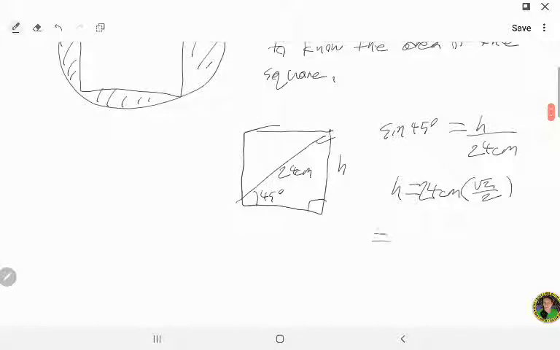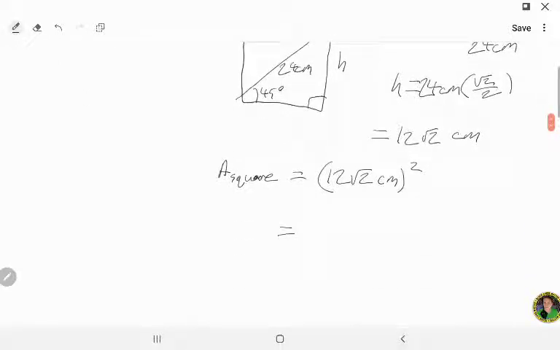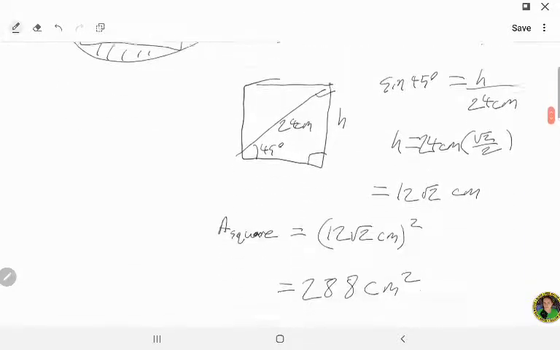And so the height of that square is going to be 12 radical 2 centimeters. But this is actually kind of convenient. We don't even have to make an approximation because we now know that the area of the square is going to be 12 radical 2 centimeters squared, which is going to wind up being 288 square centimeters.